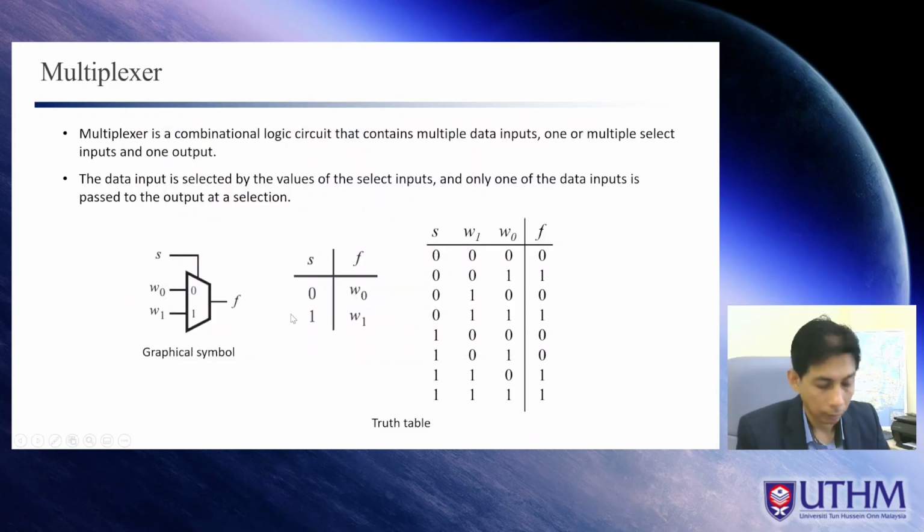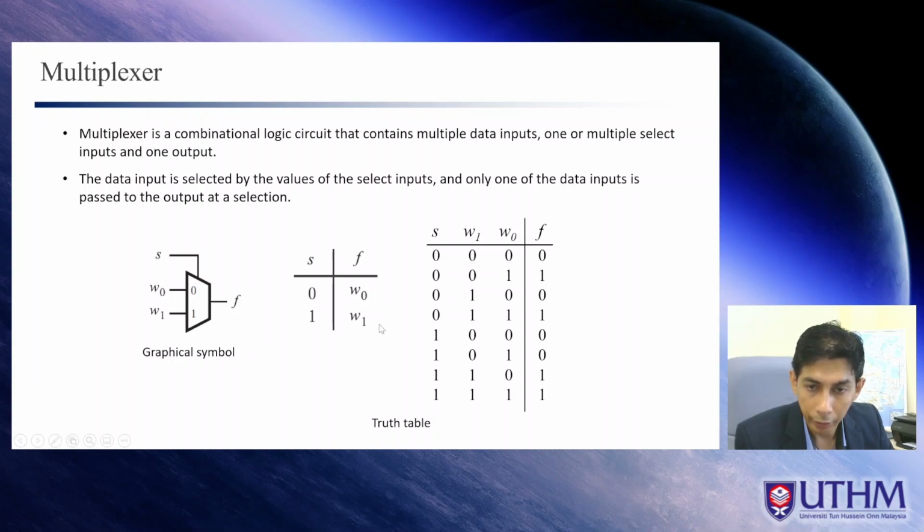So the multiplexer that we have now here is what we call the 2-to-1 multiplexer, where we have two inputs and one output and one control signal.